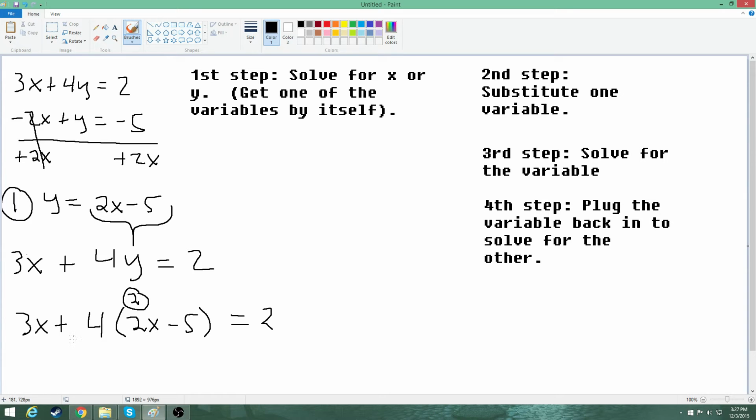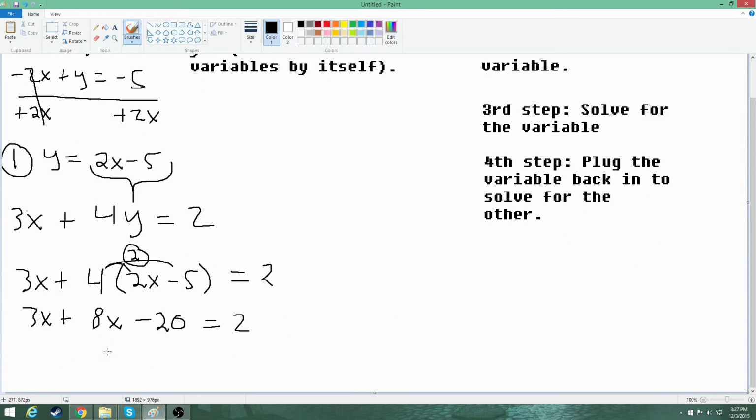Okay, so now we're going to solve. This is 3x plus distribute to each of these. 4 times 2x is 8x. 4 times negative 5 is negative 20. That equals 2. Three x plus 8x gives us 11x minus 20 equals 2.